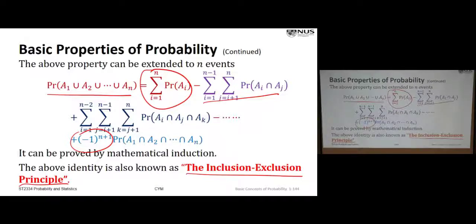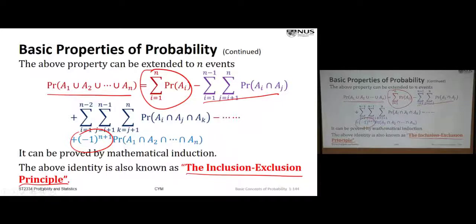Yes, use mathematical induction, but the final step is still a lot of work to prove that. But in fact, it may not be too much work. But it's very complicated. So don't worry, you will not be asked to prove this formula. But who knows, you may be asked to use this formula.